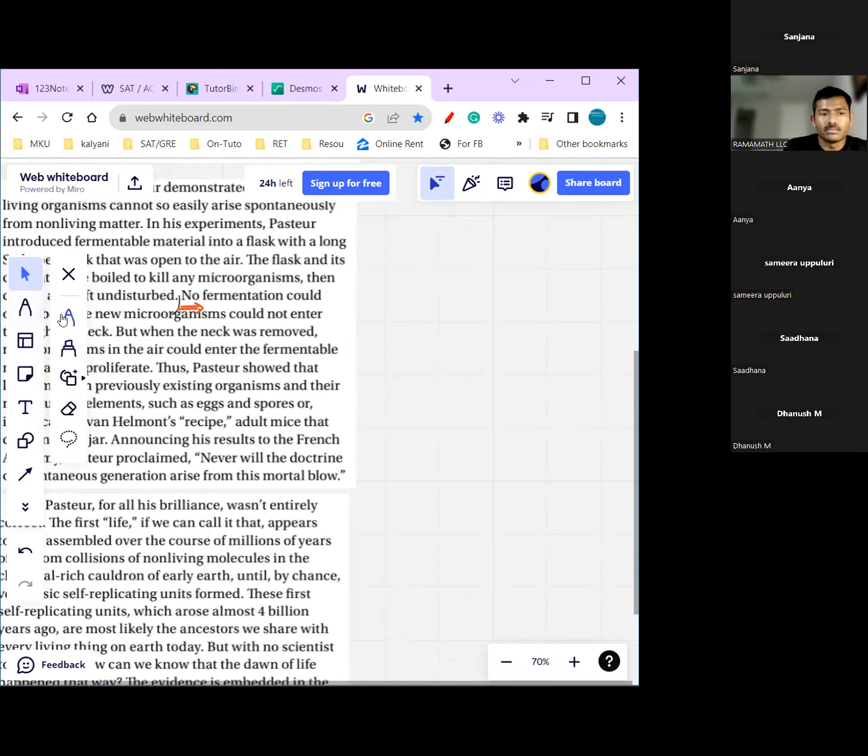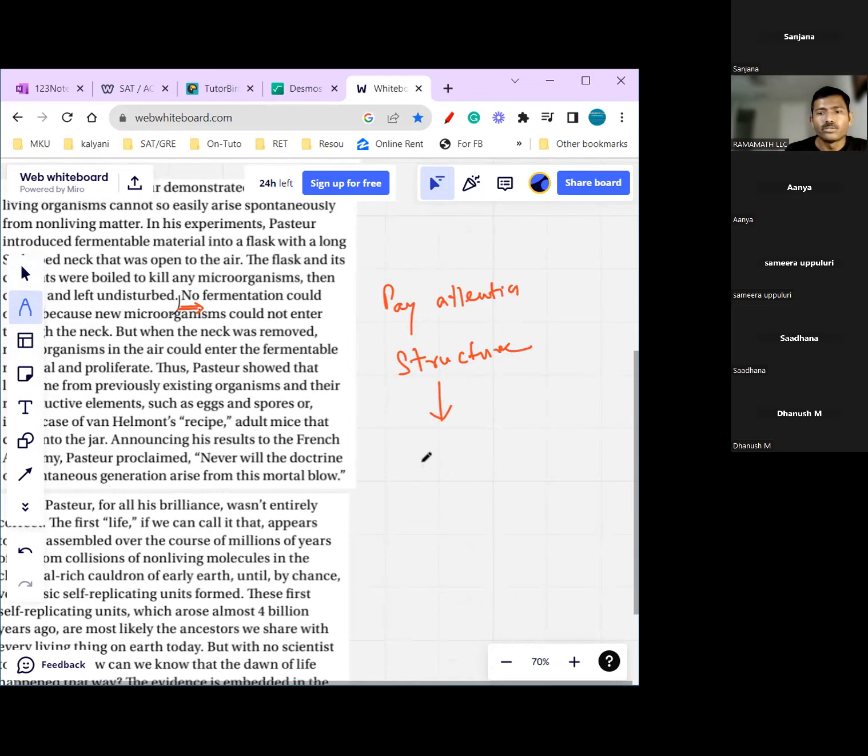Pay attention to structure, and also pay attention to the functional structure, like what is happening through the passage.